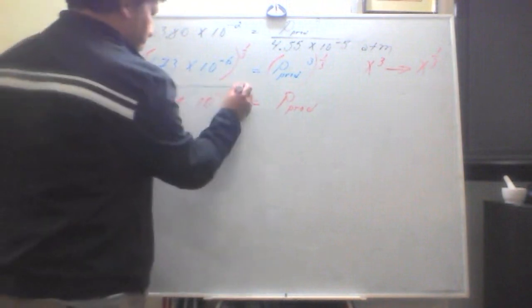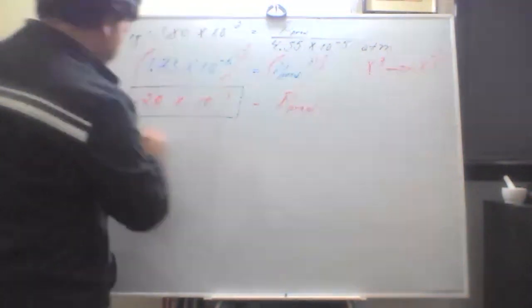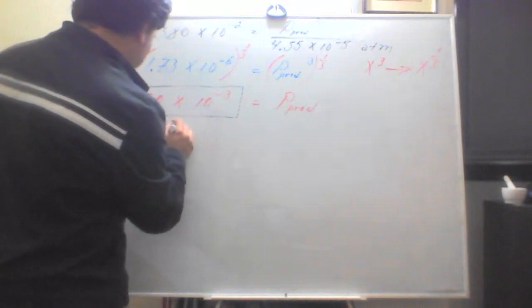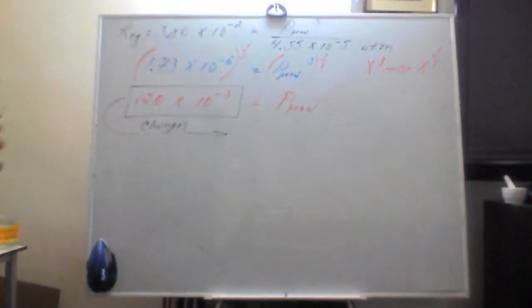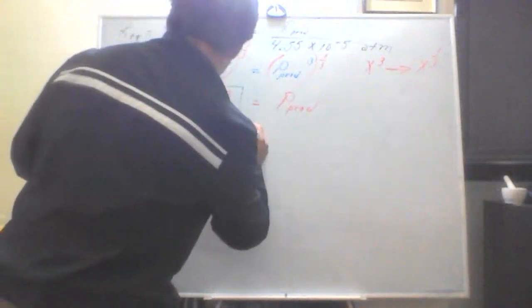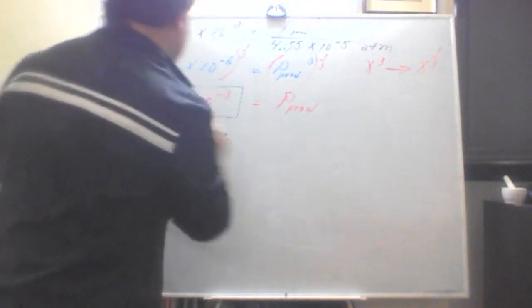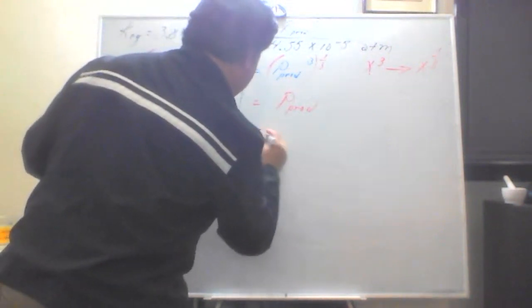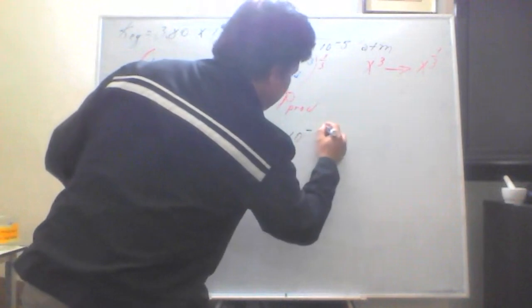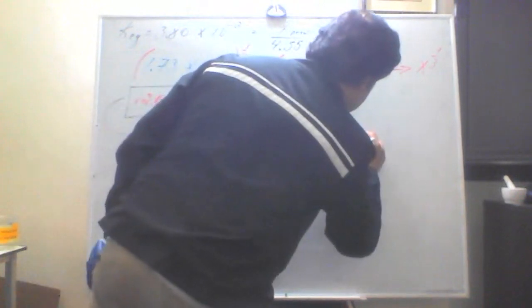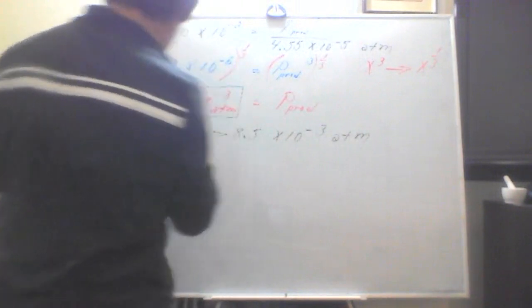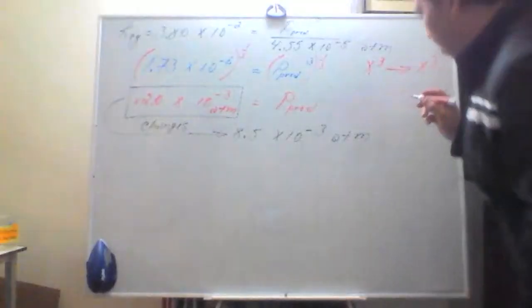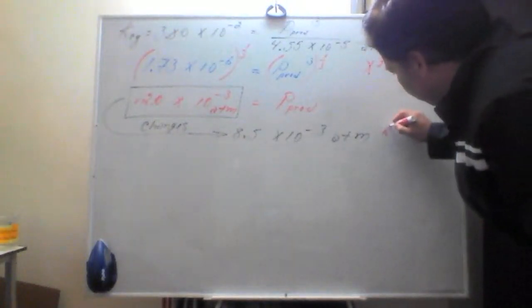This is partial pressure, changes. For some reason, changes. It will change if you remove some of the product. So let's suppose it changes to, let's say it's 8.5 times 10 to the minus 3 atmospheres. So these are atmospheres. And then I will ask you to tell me about it.